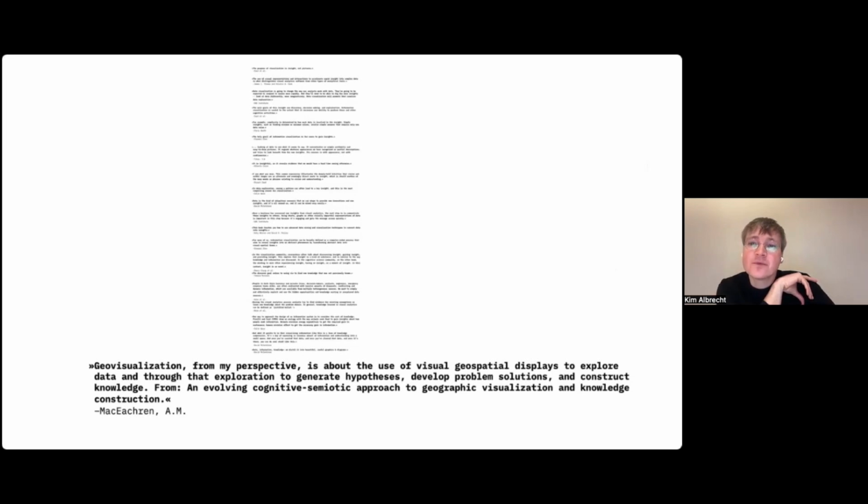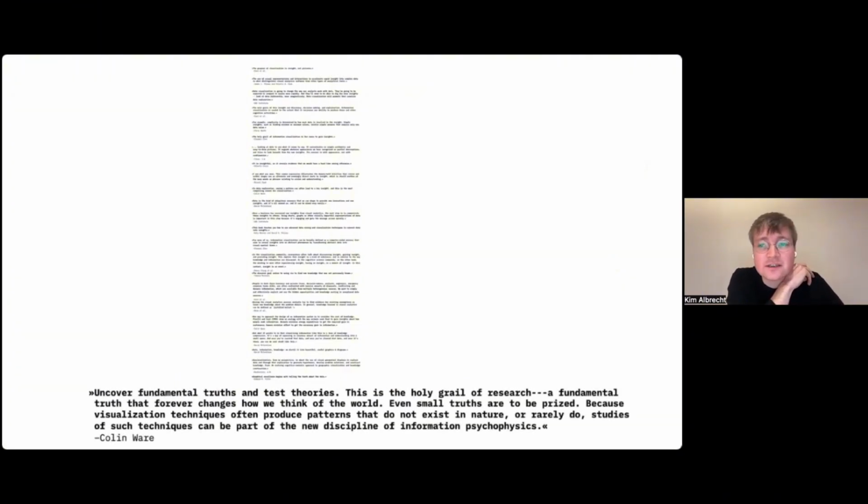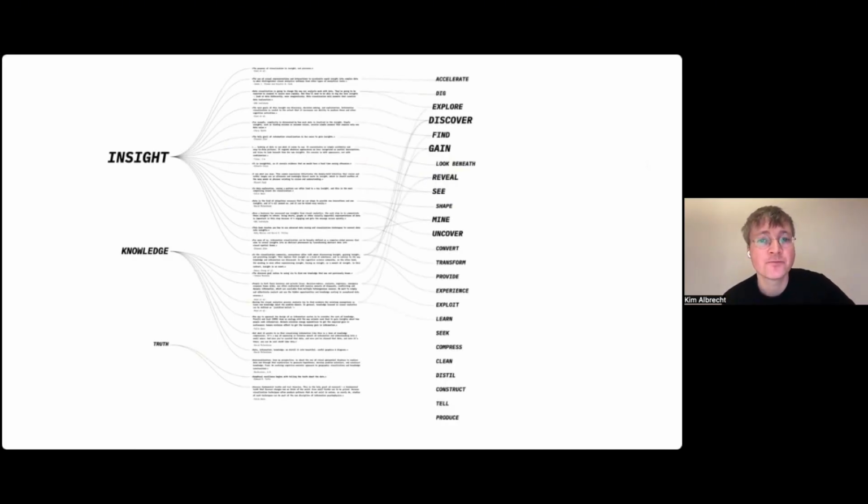So these are just a couple of examples of the quotes that I've found in many books and many research papers that are describing why visualization or why the representation of information is important. And I collected these and clustered them and reflected upon these statements. And the interesting thing that happens is the closer I observe the actual descriptions of the design process, the further away the notion of insight, knowledge, or truth gets that people talk about, oftentimes in introductions of their books.